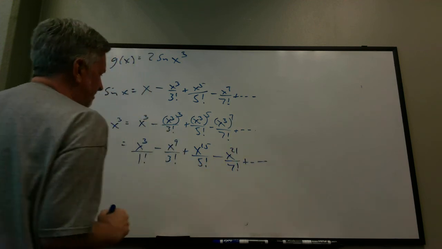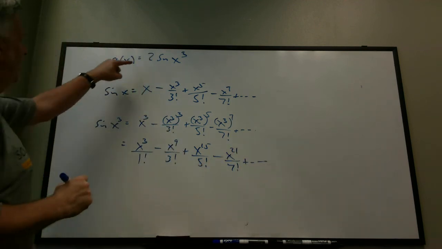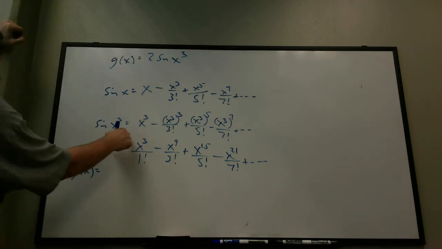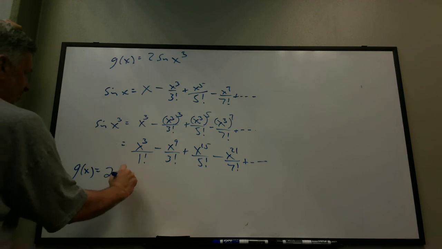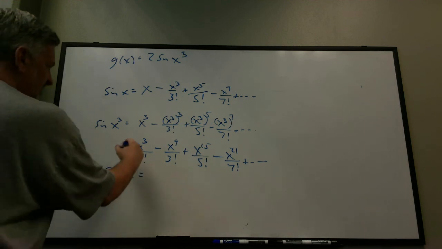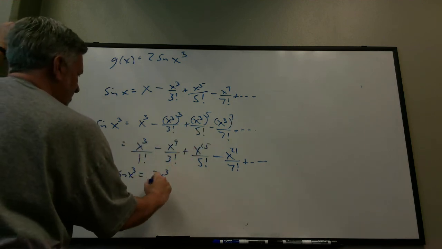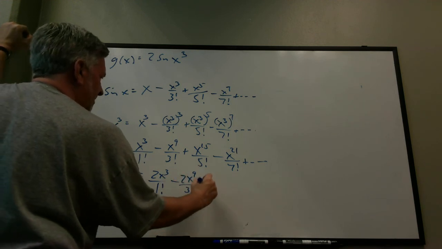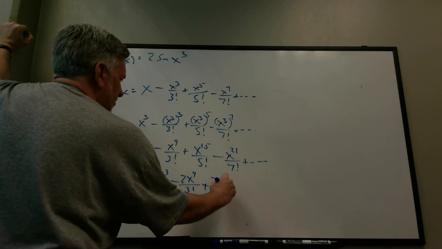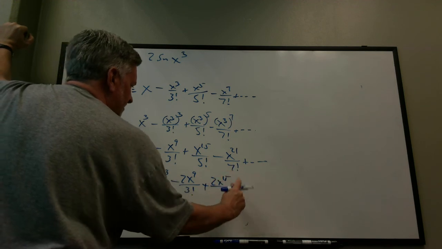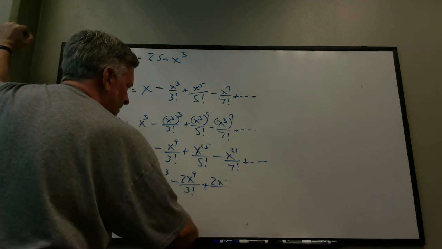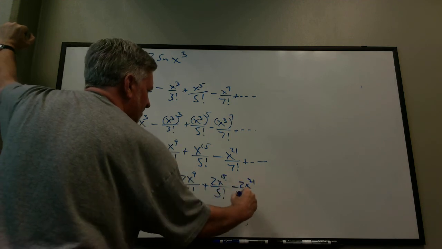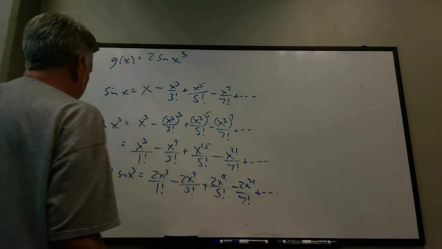This is just algebra. Now all we need is the 2, so we just multiply by 2. So it's 2x cubed over 1 factorial minus 2x to the 9th over 3 factorial plus 2x to the 15th over 5 factorial minus 2x to the 21st over 7 factorial. There's your power series for g.